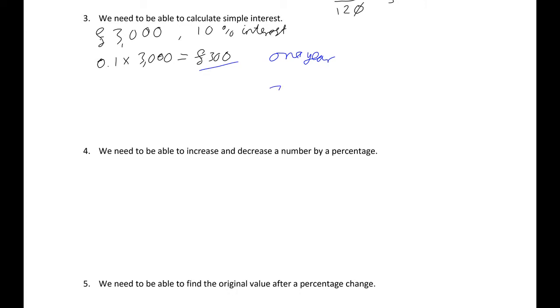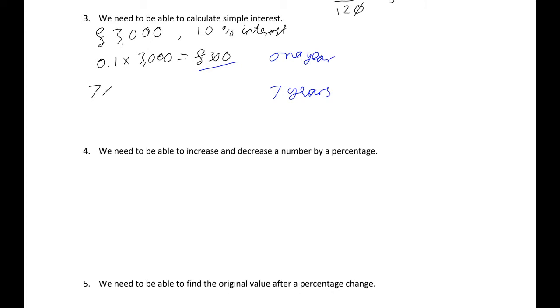How about instead if I asked about 7 years? Now we could just times the number we've worked out there by 7. However, I want to be able to do this as if this question was the first question asked. So we know how much we get after 1 year. It's 10% interest every year, so we're just going to get 7 times that interest.